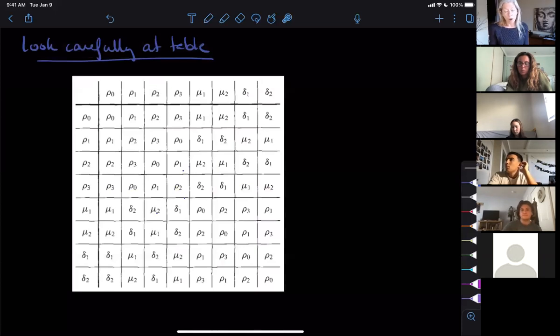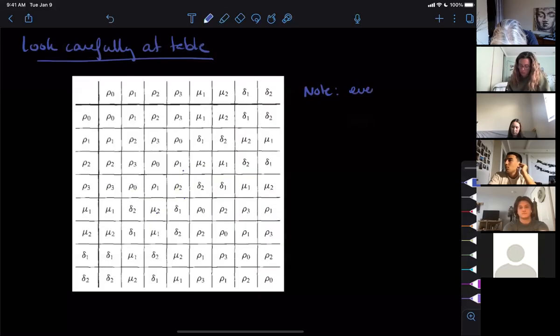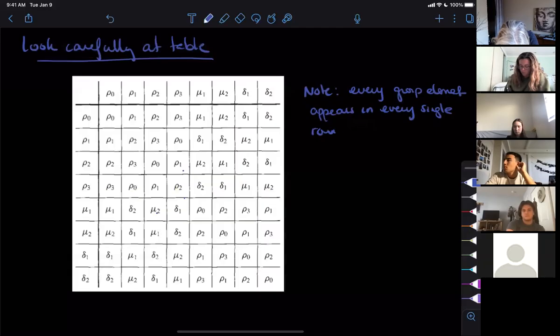So all of the group elements appear in every single row. For now, let's just think about this row, picked totally randomly.